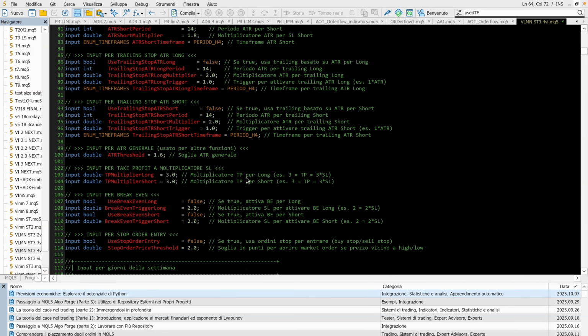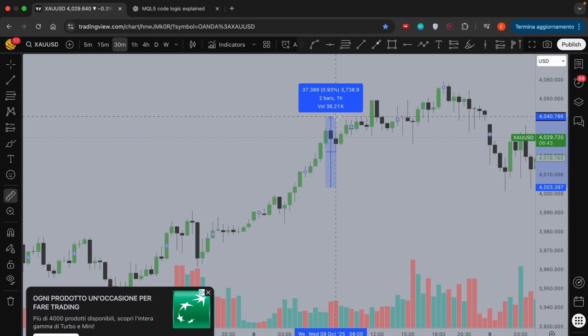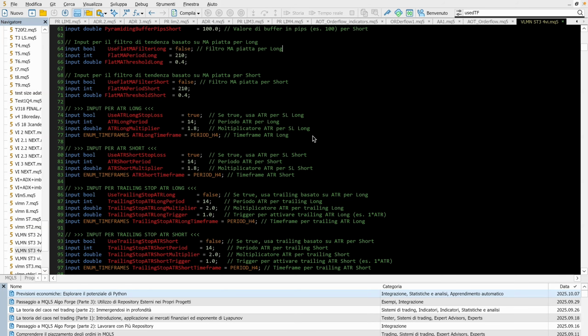So all of those parameters, like this is the take profit multiplier, and it's not fixed. This is based on the stop loss length, like 100 pips, like here. Okay, the take profit, if the multiplier is 3, is going to be 300 pips, okay? Because all of those parameters are flexible.